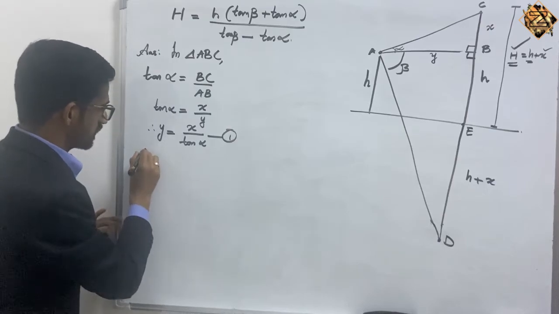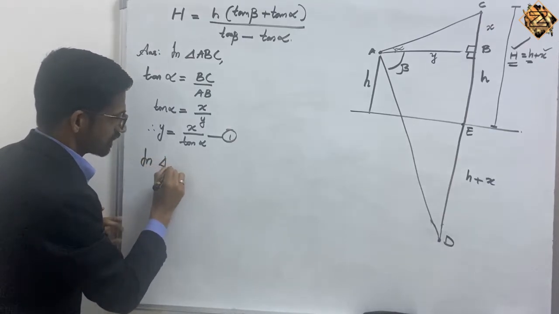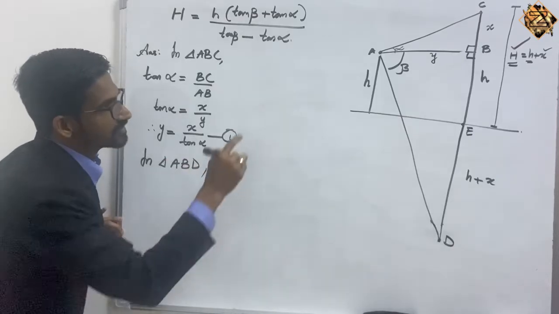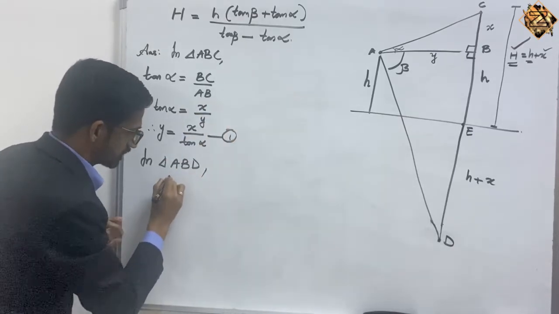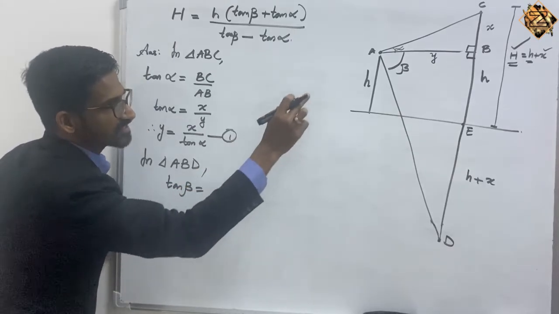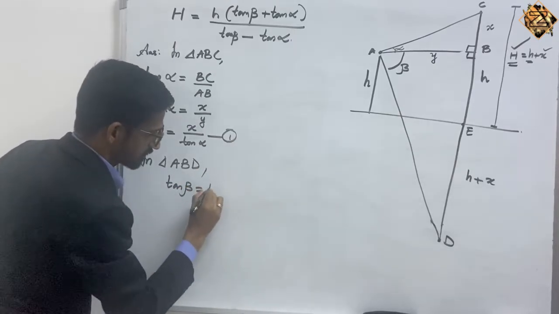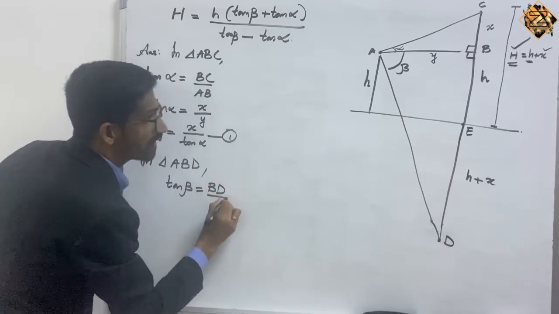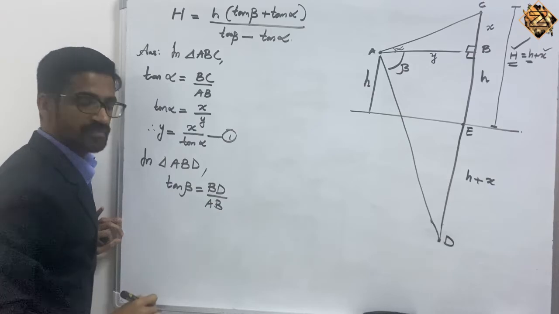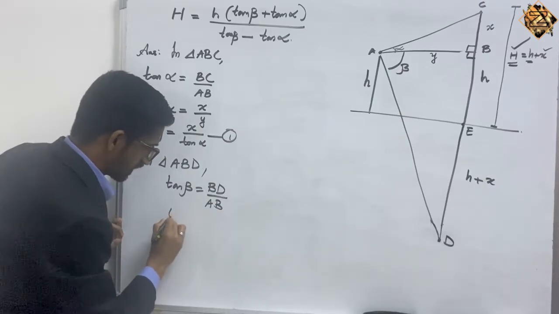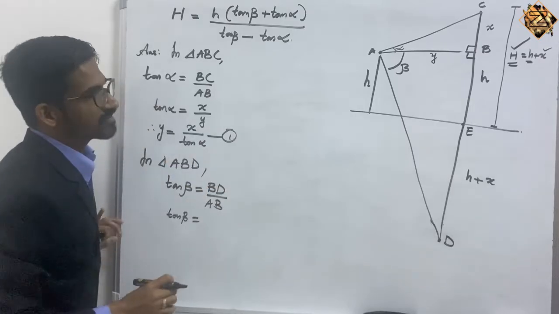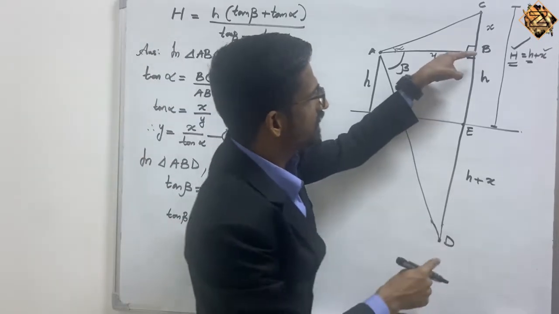Now similarly, we will look into the second triangle, ABD. In triangle ABD, the angle is beta, so tan beta equals opposite, that is BD, by adjacent, that is AB. When we take BD, we should be a bit careful.